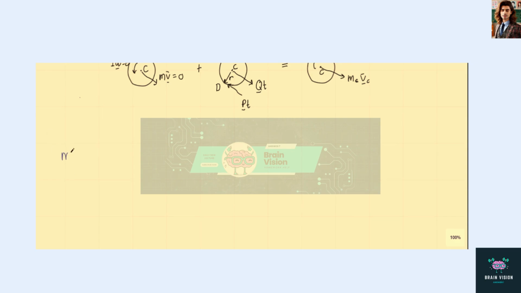Now from here, we will take moments about our point labeled D. We will take clockwise moments about point D. So initially, we have no moments as the system is at rest, 0, plus when the impulse acts, we have Q t times r.